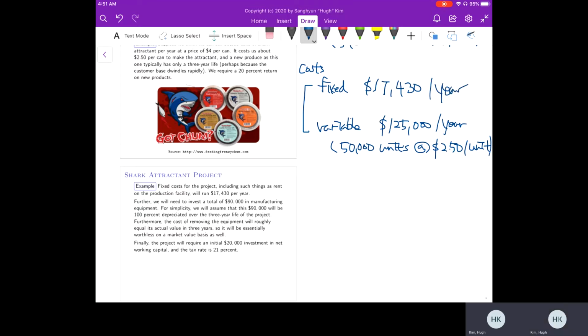So that's the fixed cost. The total cost, fixed and variable, will be about $142,430. So these are the costs for the project.